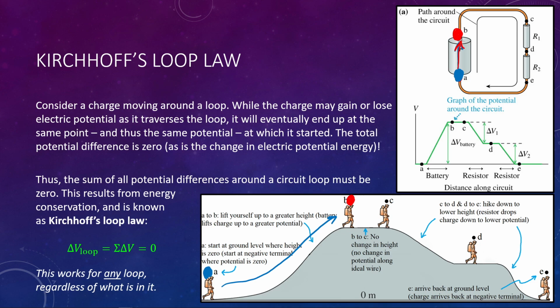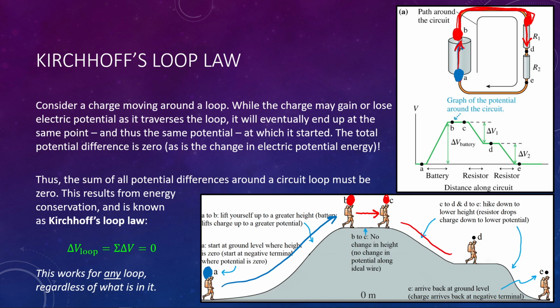Okay, great. Well, now, from point B to point C, we are moving along an ideal wire. Again, that means that there's no change in your potential. So that means, in this picture, we're just moving from B to C horizontally. There's no change in our height in this example. Right? No change in height or no change in potential in our circuit discussion. Well, we then go down through the first resistor. That brings us down to a lower potential.